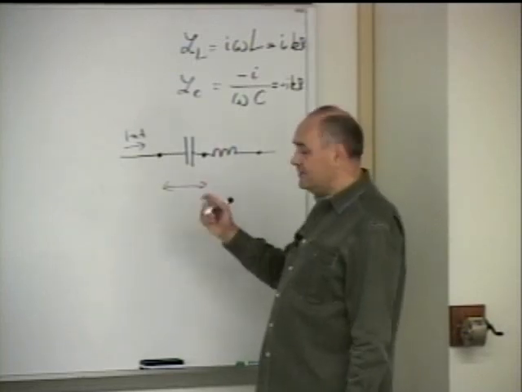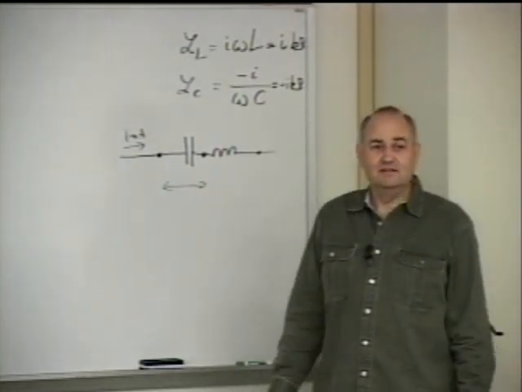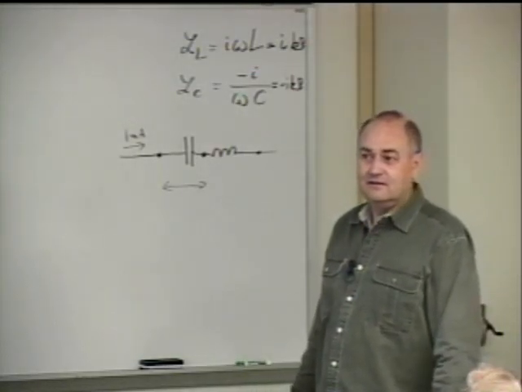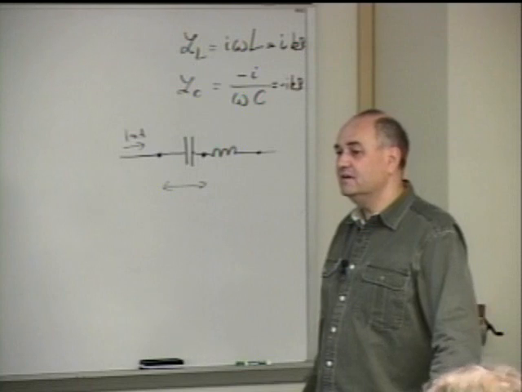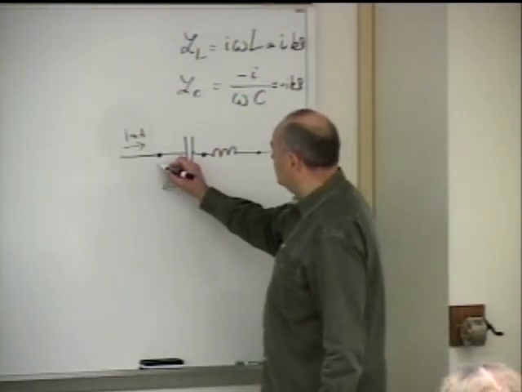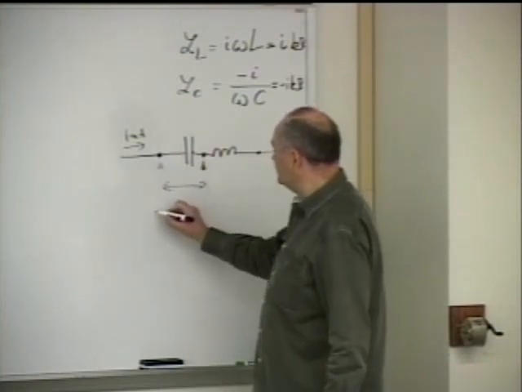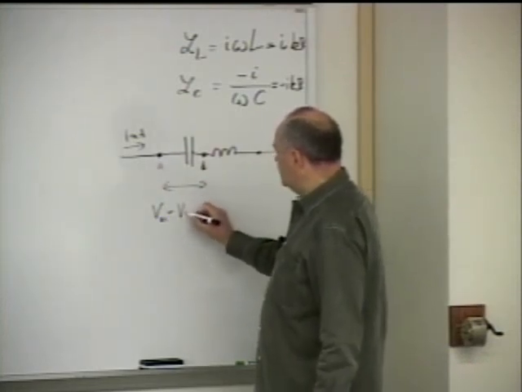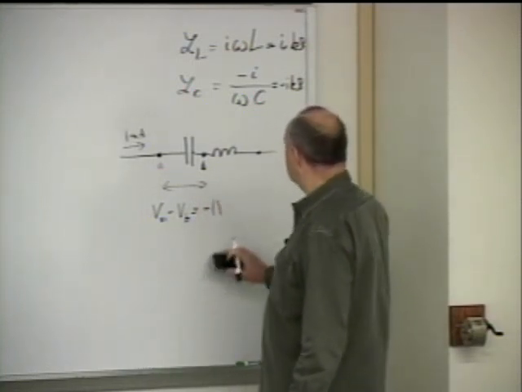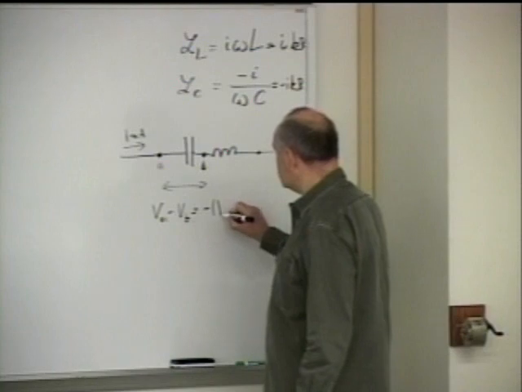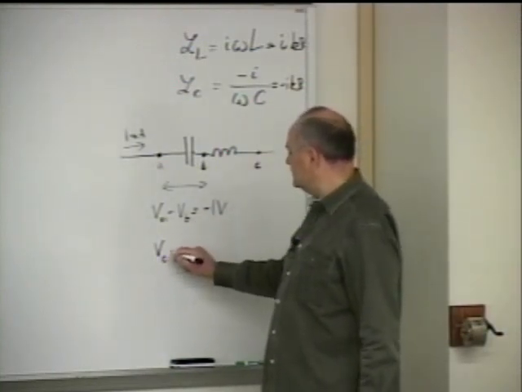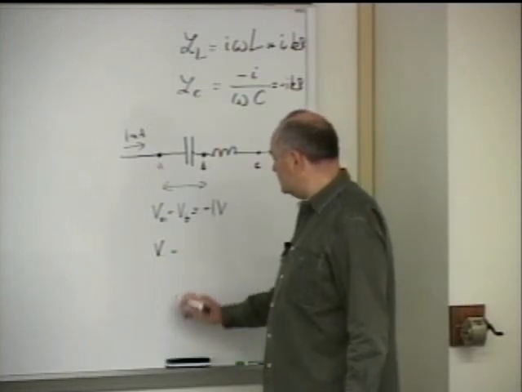Now, how about voltage across this element? Root mean square value of the voltage across this element. How much is it going to be? Minus 1. I mean, if this is point A, this is point B, so VA minus VB is going to be minus 1 volts. Right. Now let's say that this is point C. What about VB minus VC?